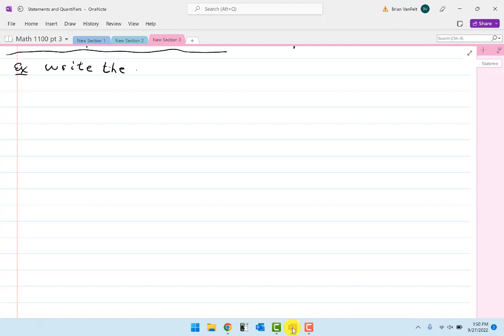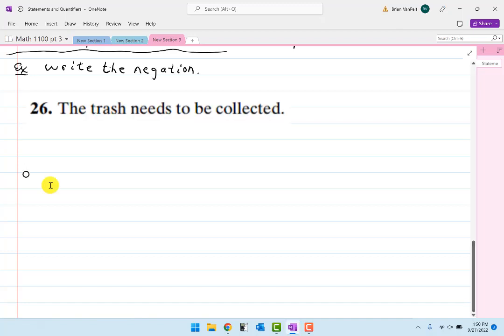So write the negation of the statement that I'm about to give. The trash needs to be collected. This seems pretty clear. The trash does not need to be collected.